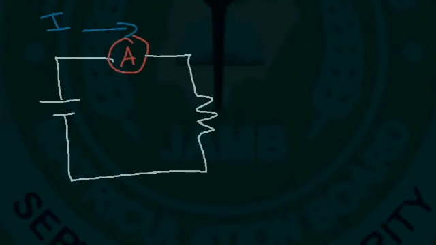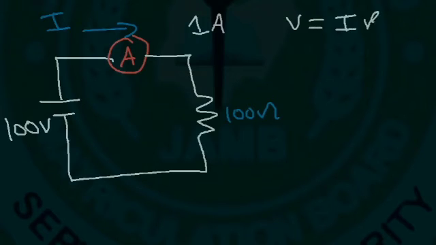Therefore, since you want to measure the current, you want the ammeter to have as little resistance as possible. For example, let's say this resistor has a value of 100 ohms and the voltage is 100 volts. Without the ammeter, the current that would flow through the circuit would be 1 amp. V equals IR. 100 divided by 100 is 1.